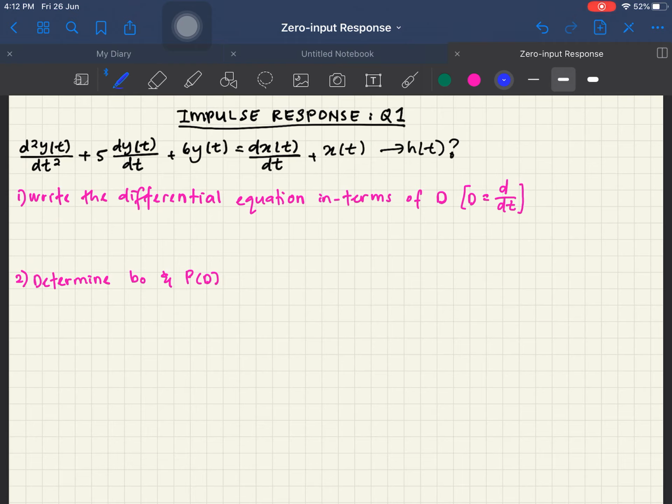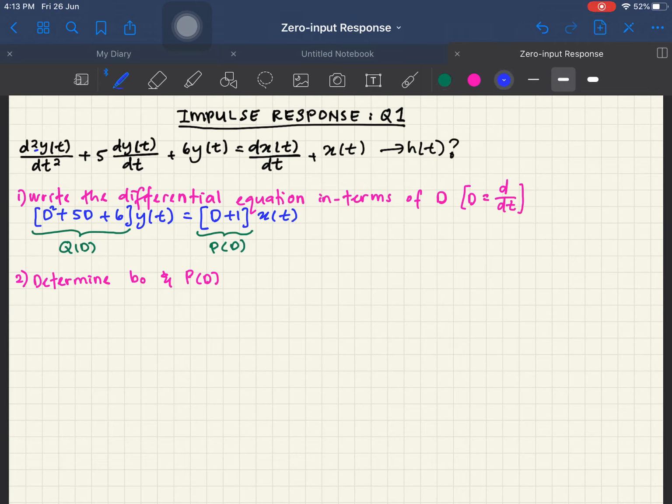So this means D squared plus 5D plus 6 times y of t equals D plus 1 times x of t, where this part here is Q(D) and this part here is P(D).